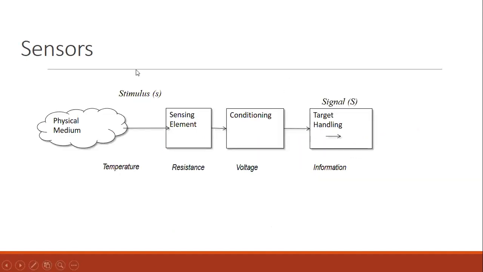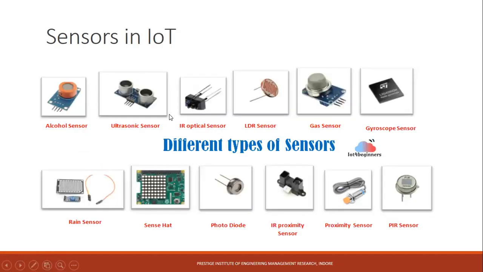Now, here you can see the simple block diagram of a sensor. In the previous slide, you saw the sensors are available in the form of an IC, in the form of a package. Suppose I am taking the example of this ultrasonic sensor.